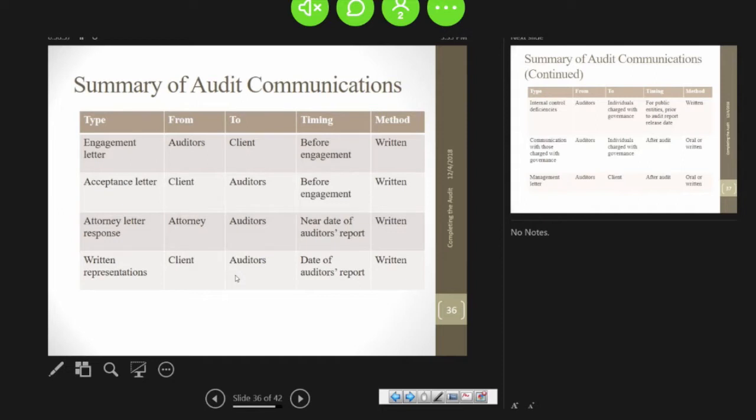The attorney's letter, remember, is what the client requests that their attorney provide the auditor with information about litigation or claims, pending litigation and claims. And so that letter comes from the attorney, at the request of the client, directly to the auditors. And it's done near the date of the audit report because of the balance sheet impact.